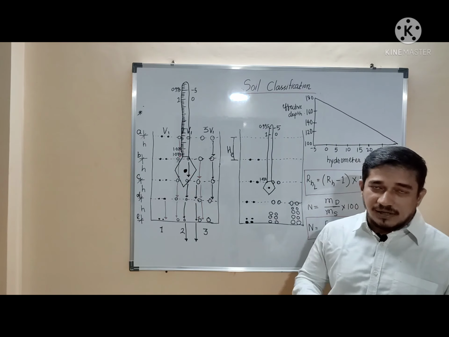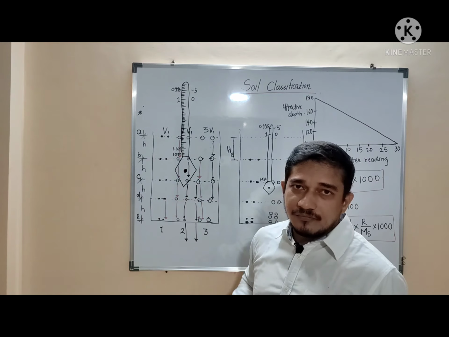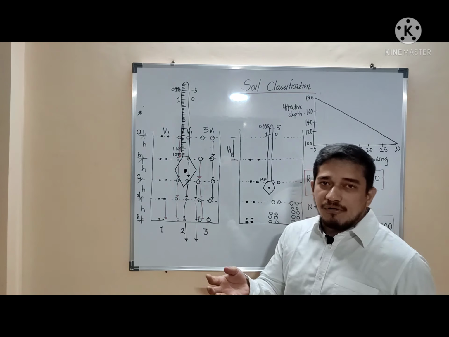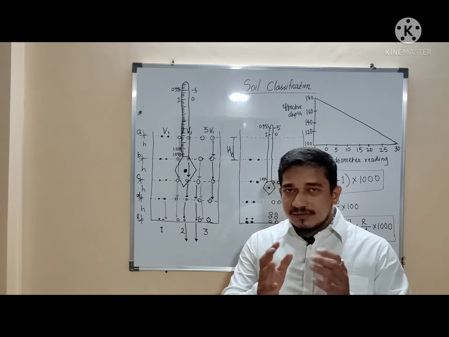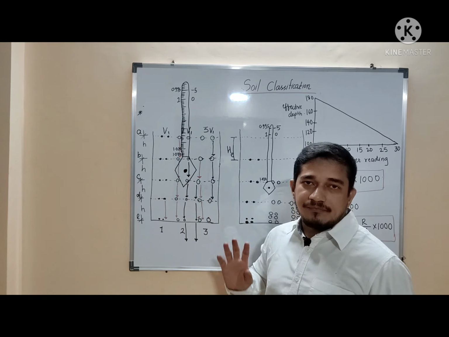As I have already said, when we start the sedimentation analysis, at the starting of it, the soil suspension will be thoroughly mixed. So all the soil particles will be present throughout the depth of the soil suspension. Suppose there is a certain particle at a certain level, then depending on its terminal velocity, which depends on the particle size, it will settle a certain distance in a certain time t.